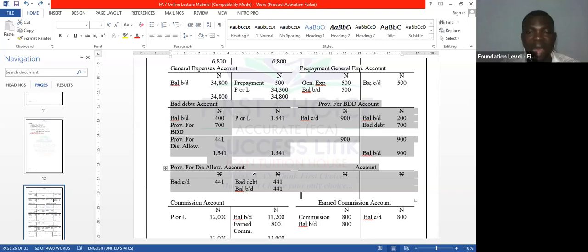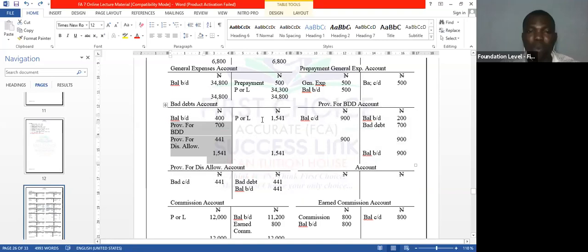So in the additional information, what we did in the last class is that we brought the second leg of the provision for bad and doubtful debt and provision for discount allowed under the bad debt account. So it means that we have here, which is for profit or loss account, 151,541, that can now be written down to the statement of financial performance. That's the profit or loss account.